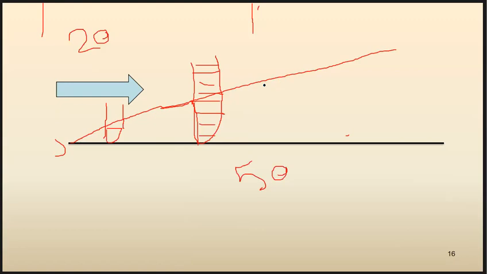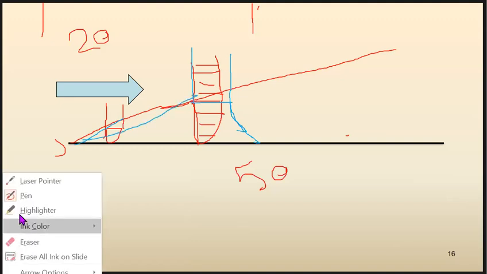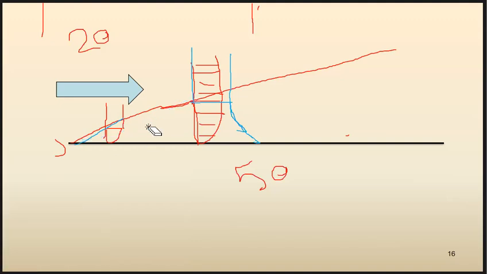The temperature closer to the surface is going to be hotter. Away from the surface it is going to be closer to 20 degrees Celsius. So we also have the thermal boundary layer developed.